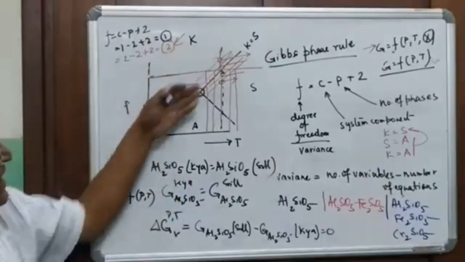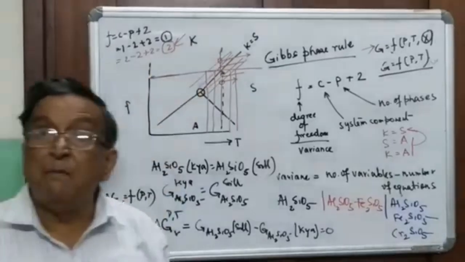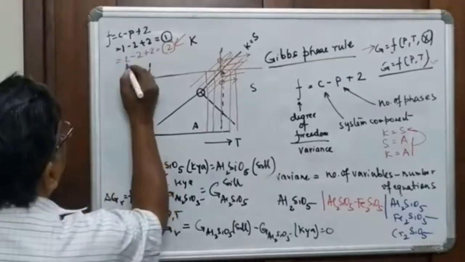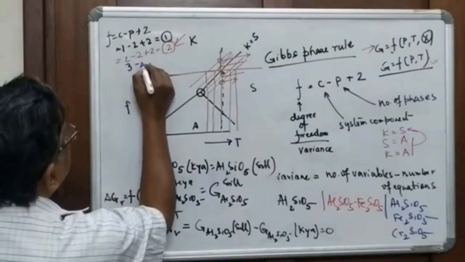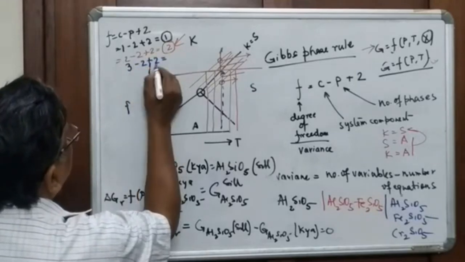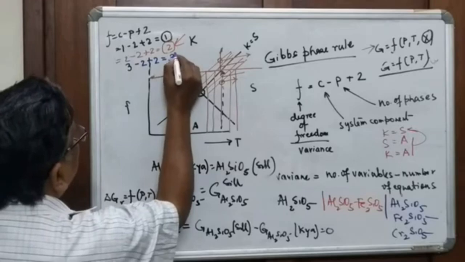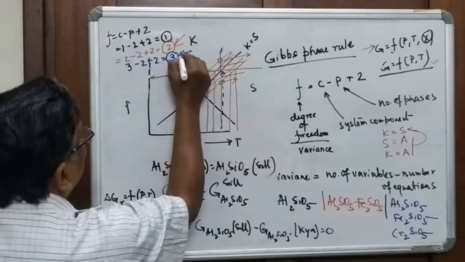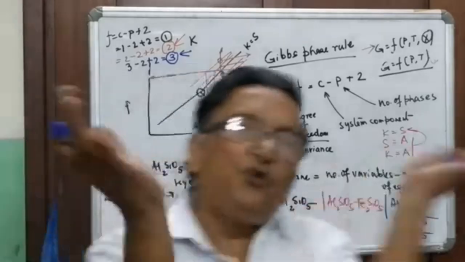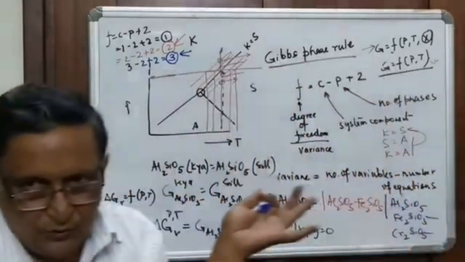Now your kyanite-sillimanite becomes a multivariable system. Now you see, you will have 3 minus 2 plus 2, and this will be 3. Do you see that? So now you can't use even a binary diagram to show you.